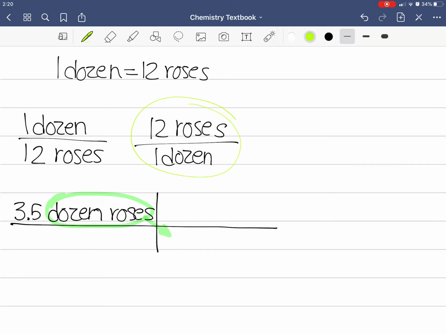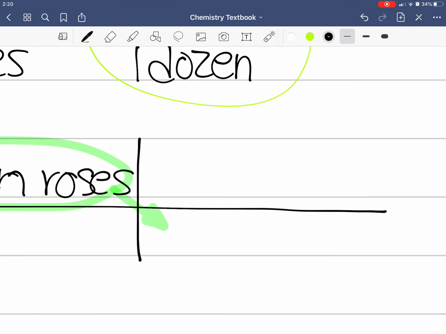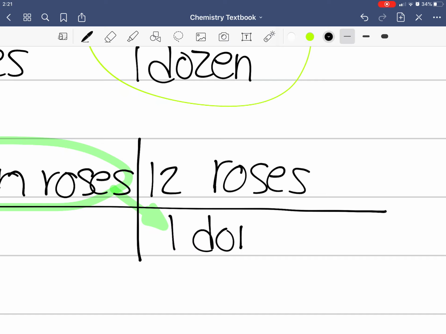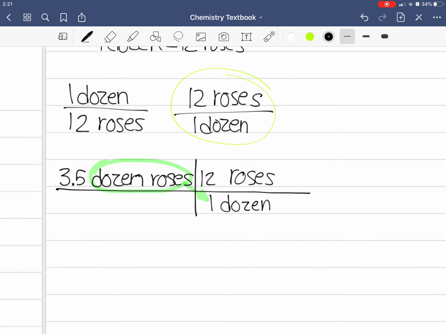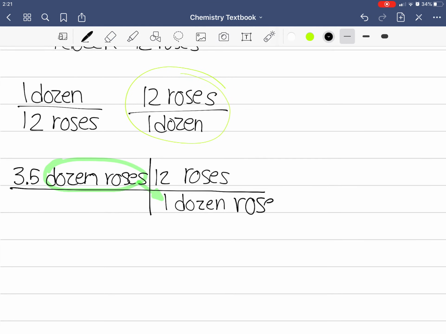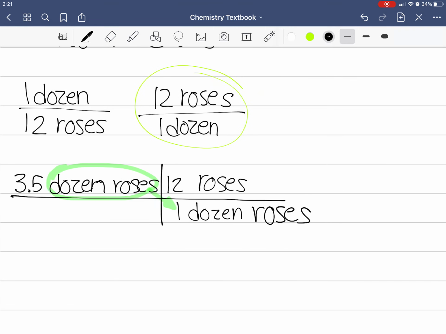So I'm going to write out 1 dozen on the bottom and 12 roses on top. So when I look at this problem, I can see that I can cancel this out, and all I'm left with is 3.5 times 12 roses divided by 1.